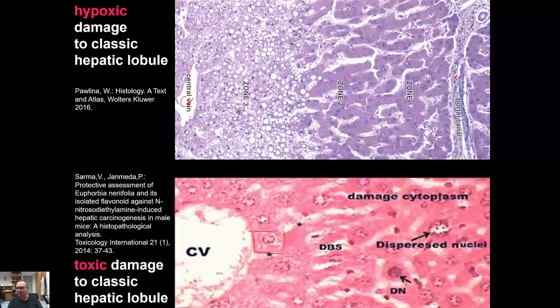So when it came to zone 3, the level of toxin was lower and not dangerous for the cells.